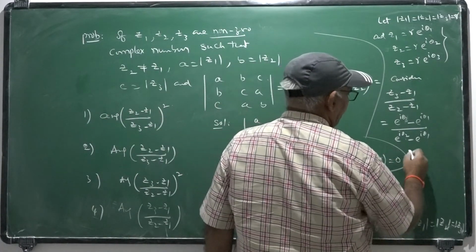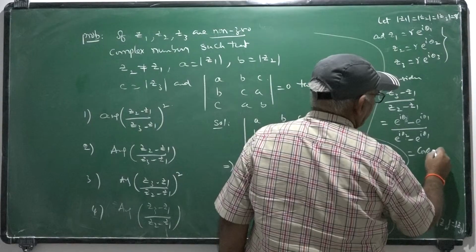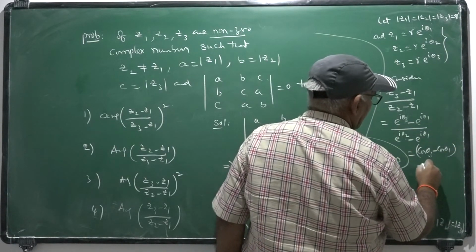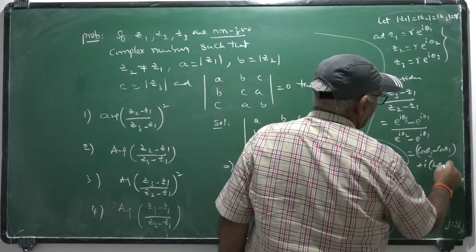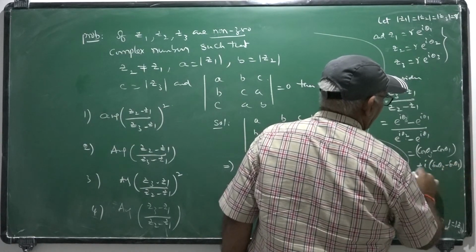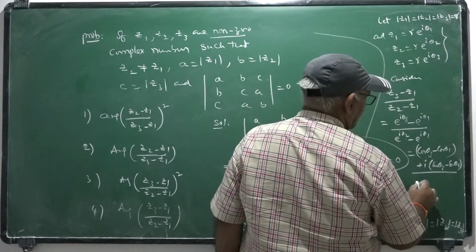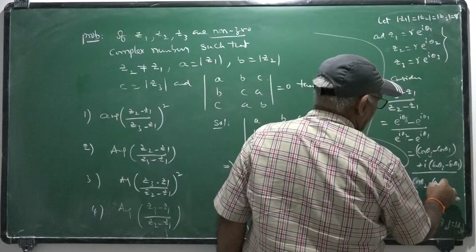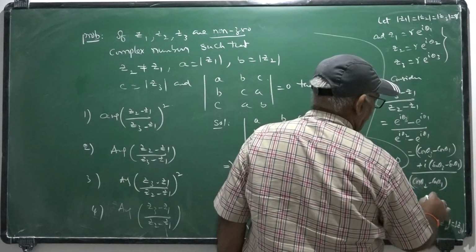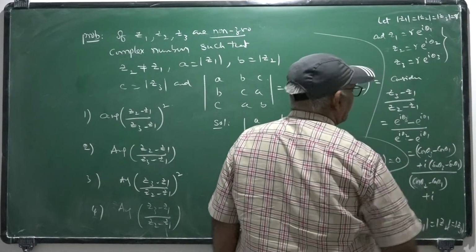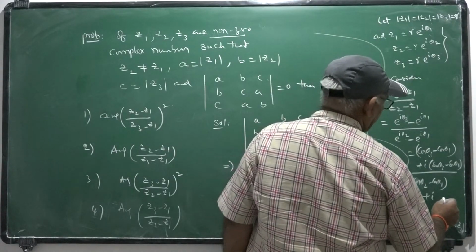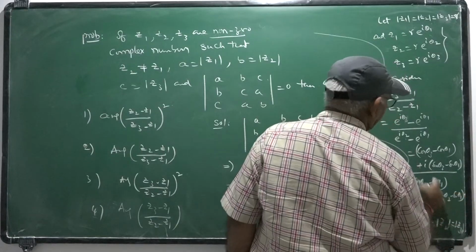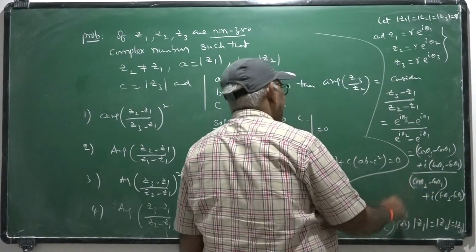This is cos theta 3 minus cos theta 1, the real portion, plus i into sin theta 3 minus sin theta 1, by cos theta 2 minus cos theta 1 plus i into sin theta 2 minus sin theta 1. Cis form.